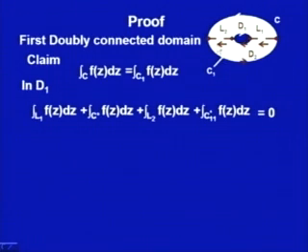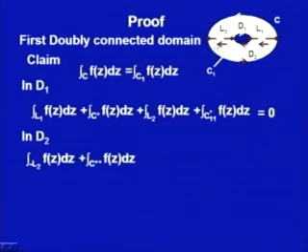Similarly, if I go in D2, the orientation of this boundary I would take in this manner, where this red orientation we had shown. I would start from L2, then this portion of C, then L1, and then we will go in this manner, so we complete the boundary. In D2, it should be minus L2 because L2 we have taken in this direction. So, when I am taking the integral along the opposite direction it should be minus of L2.